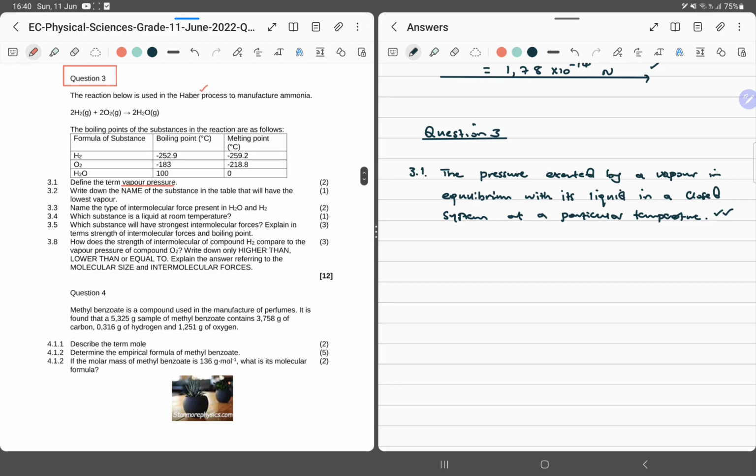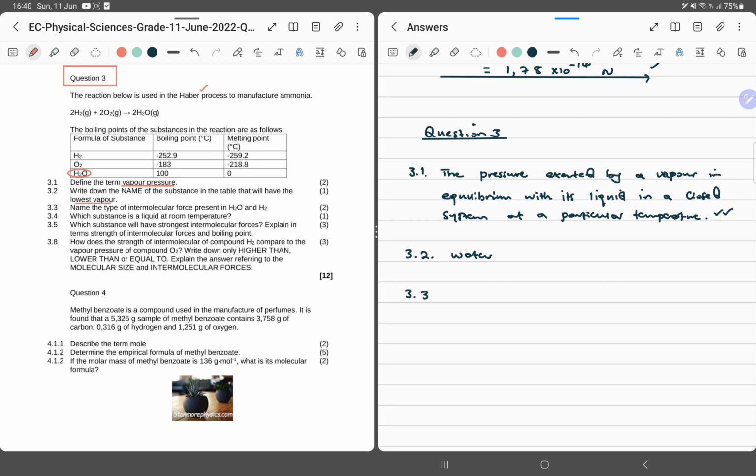Okay, now it says 3.2. It says write down the name of the substance in the table that will have the lowest vapor pressure. Obviously, the one that will have the lowest vapor pressure is the one that has the highest boiling point, which is going to be our H2O. So what did they say? Write down the name. So if they say name, that is water.